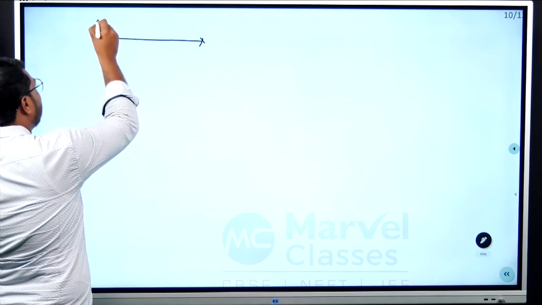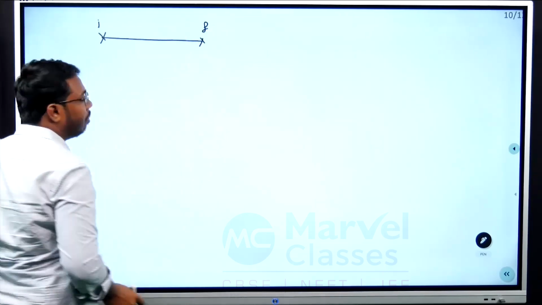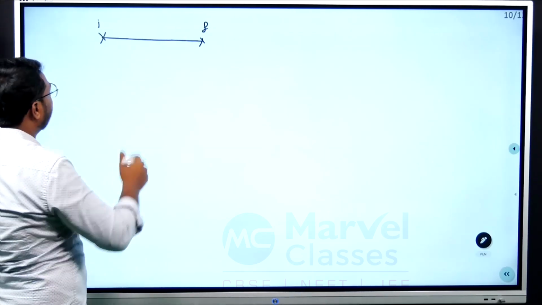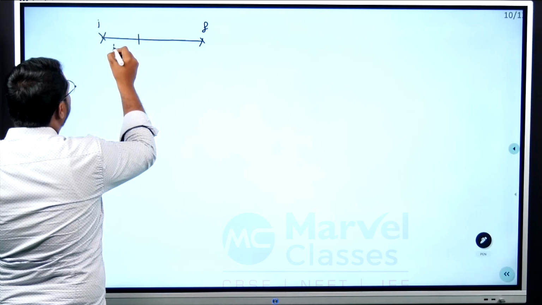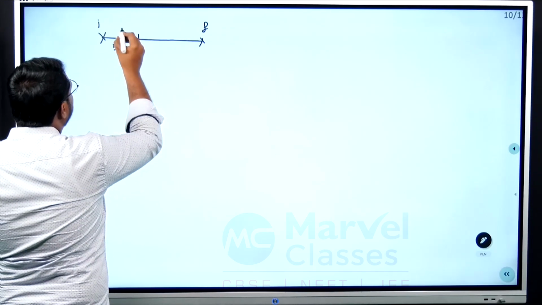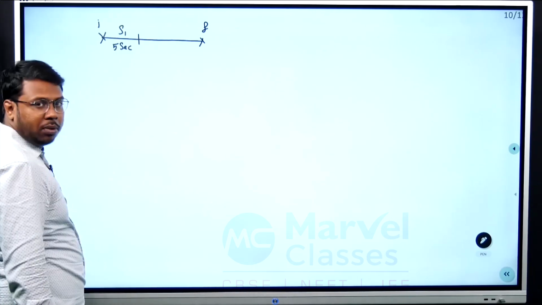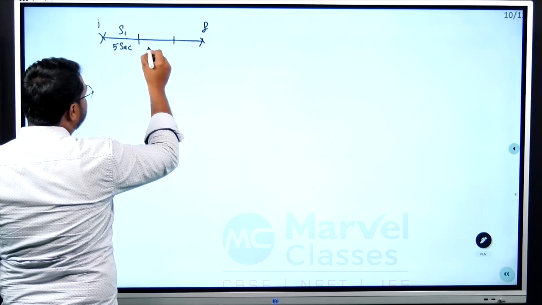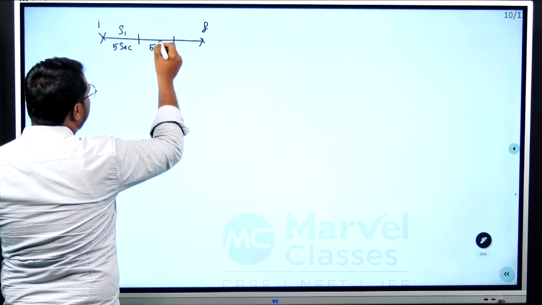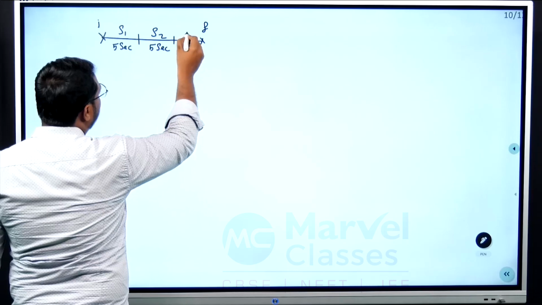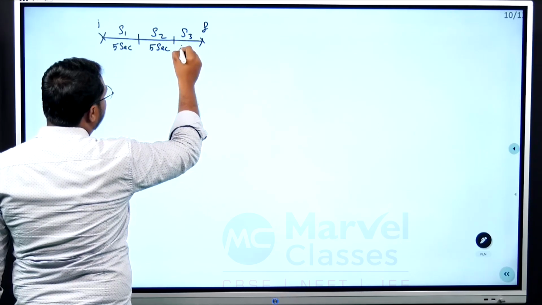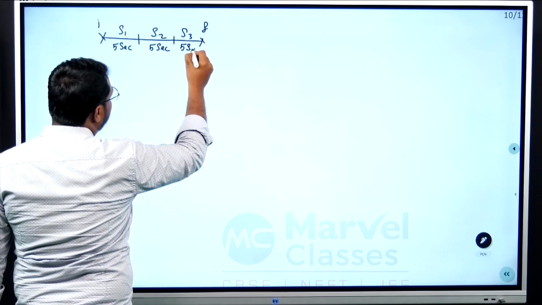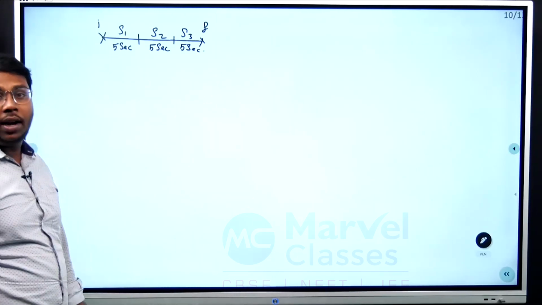This is the initial part and this is the final part. In the question they say that for the first 5 seconds a body covers a displacement of s1, for the second 5 seconds it covers a distance of s2, and s3 is the third part, covered in the third 5 seconds. This was the data given to us.